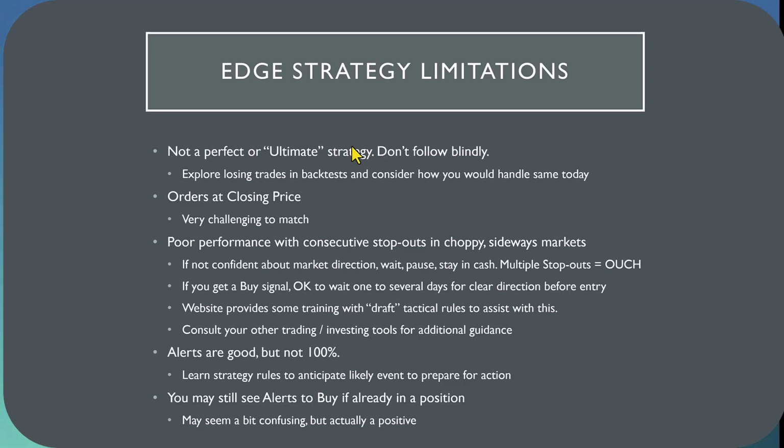It's not an ultimate strategy. It's not one that you want to follow blindly. It does enable you to explore bad trades or losing trades in the backtest. And that's helpful because it can help you understand how you might address those on a real-time basis. How might you have traded them? And that can help you on a daily basis.